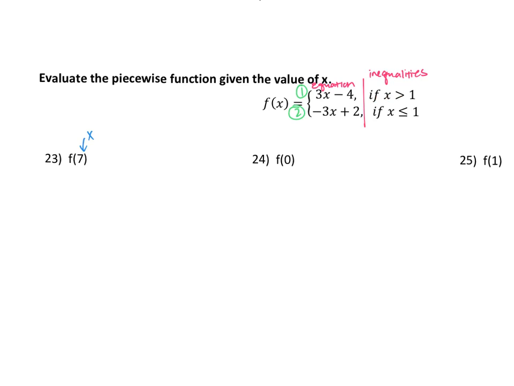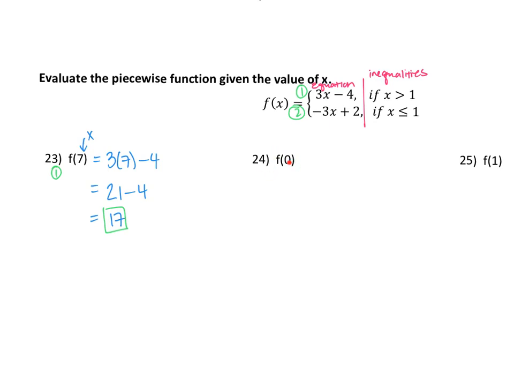So this 7 gets plugged into this x, so this will be 3 times 7 minus 4. If I work this out, this will be 21 minus 4. And 21 minus 4 is 17. And so that there is my final answer.